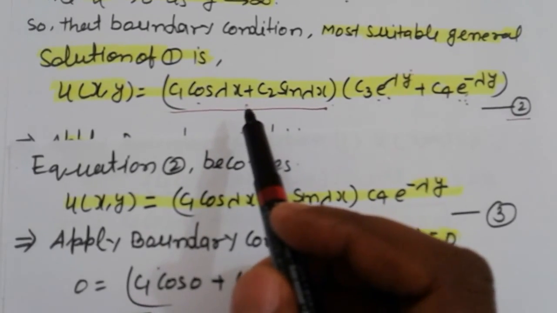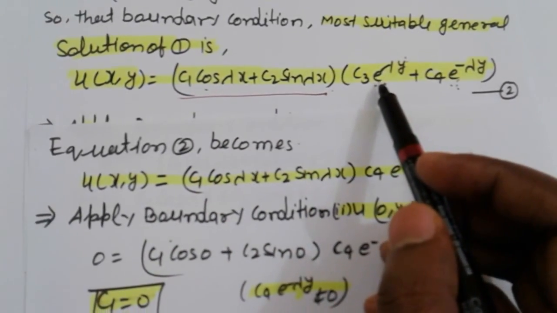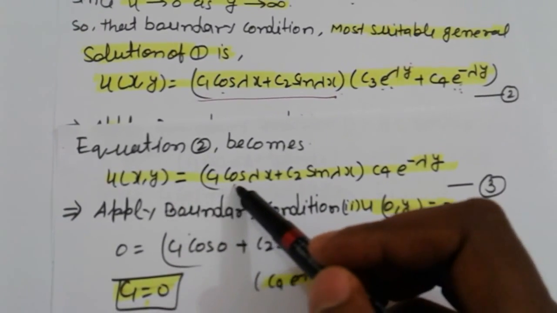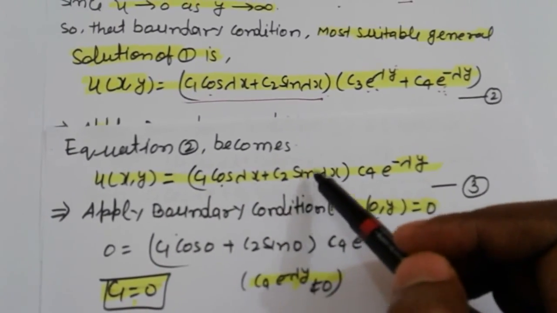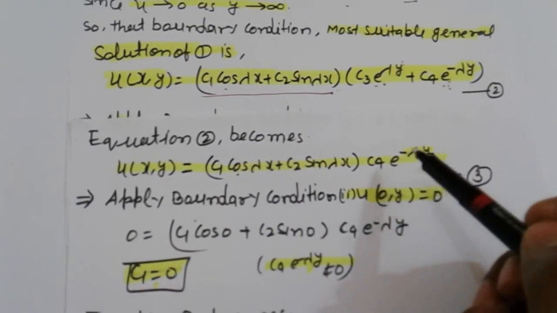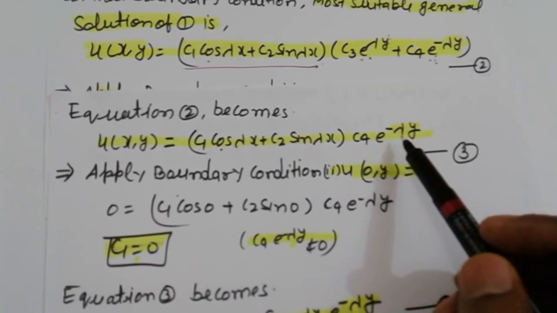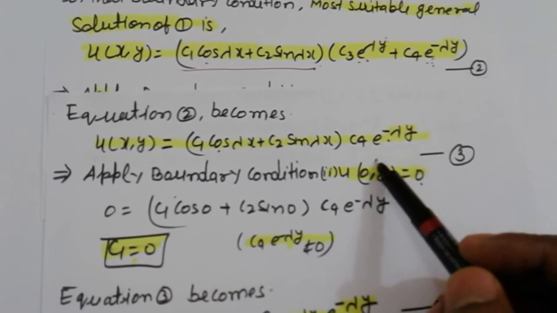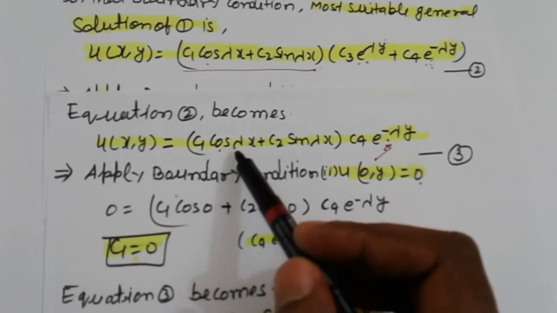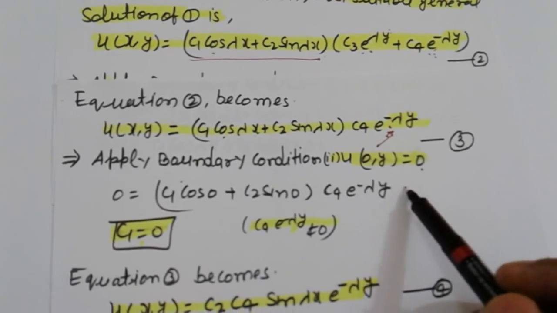Now c3 is 0, so equation 2 becomes, put c3 equal to 0 here, so we get u(x, y) equal to (c1 cos λx + c2 sin λx) c4 e^(-λy). So now apply boundary condition u(0, y) equal to 0, putting x equal to 0 in equation 3 above, so we get 0 here: c1 cos 0, c2 sin 0 and c4 e^(-λy).